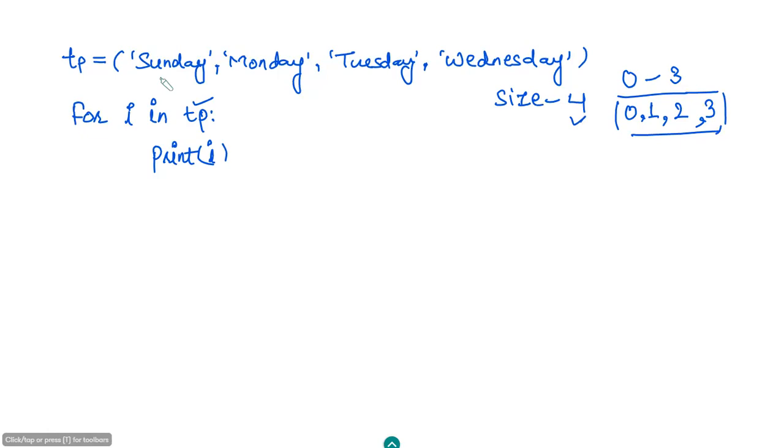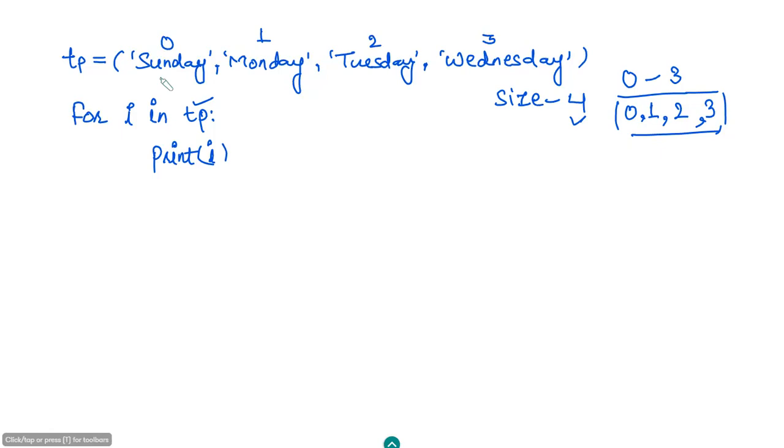So the first time, the value of that variable i is 0. So the element at index position 0 will be sent. The next element will be at position 1, and the next will be 2 and 3, and so on, right?